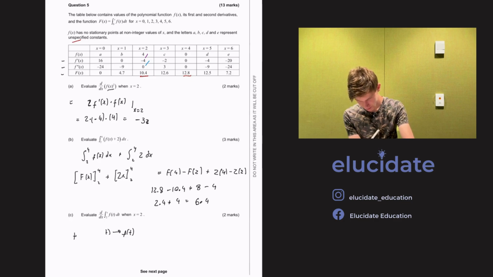Integral and derivative. So all we need to do is simply evaluate f of x when x equals 2. So this is simply just going to be f of 2, which we can read off the table of values is 4.